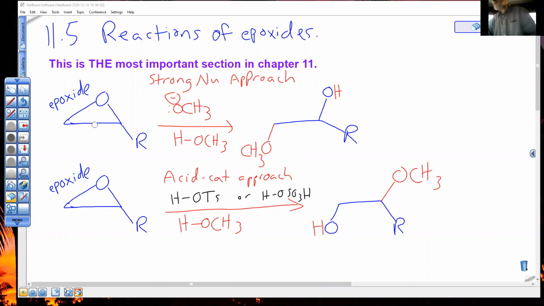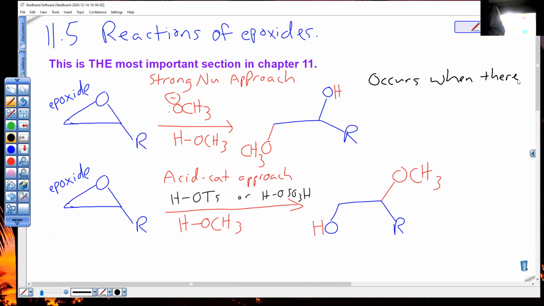We have to know when we're looking at the strong nucleophile approach and when we're looking at the acid-catalyzed approach. I think the strong nucleophile approach is fairly self-explanatory. It occurs when there is a strong or medium nucleophile.